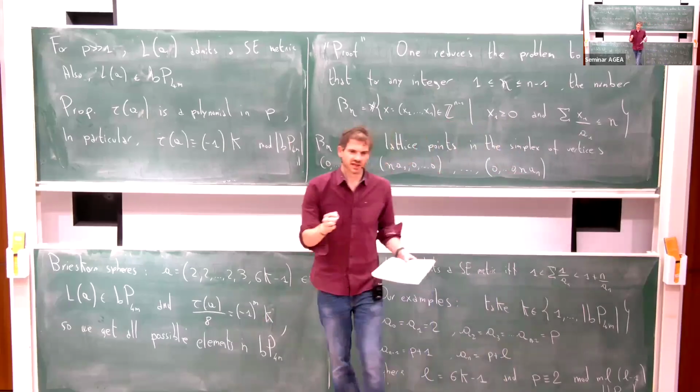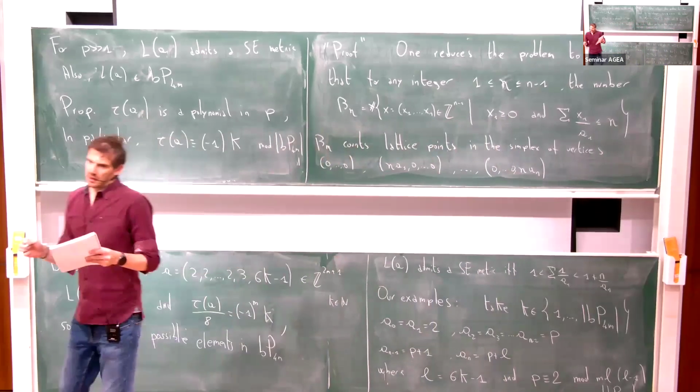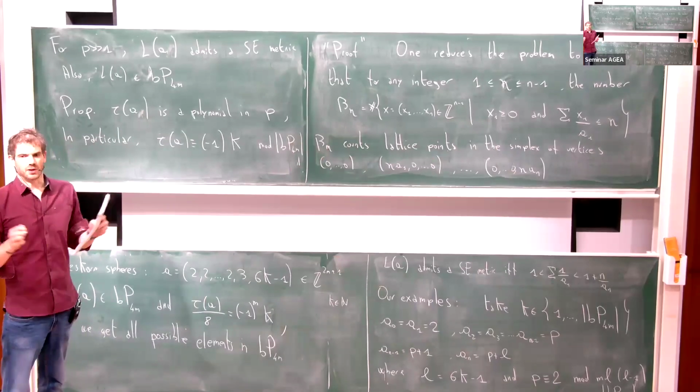So essentially, we reduce the problem to counting lattice points in rational polytopes.